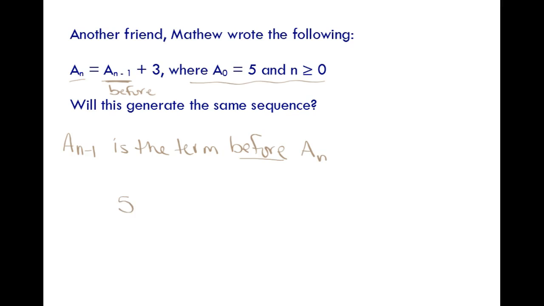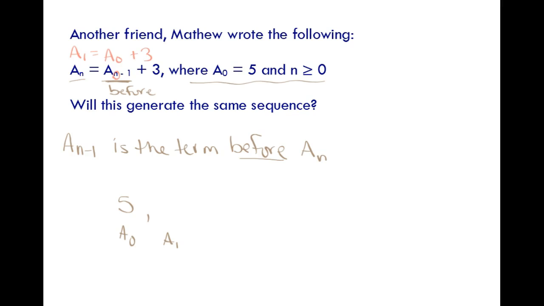So will this generate the same sequence? Let's just start by saying his initial value. His initial value is 5. We'll say a of 0. To get the next one, or a of 1, we plug 1 in to n. I want to say a of 1 equals, so I'm going to plug 1 into this little n right here, and that's a of 0 plus 3.